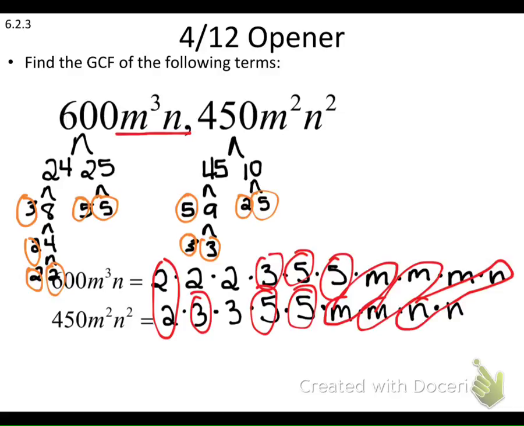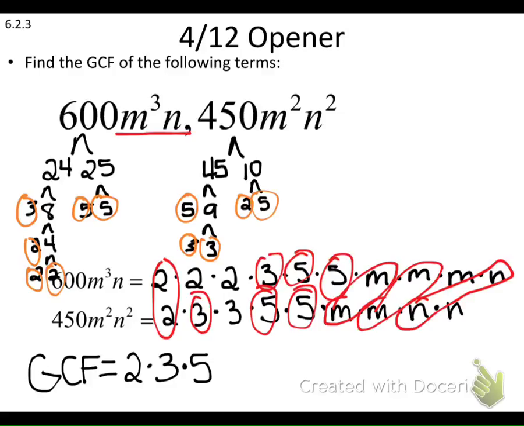All right. So for this one, let's write GCF equals. All of those numbers that we had in common, we're going to go ahead and write. So 2 times 3 times 5. Do we have 2 5s or just 1 5?